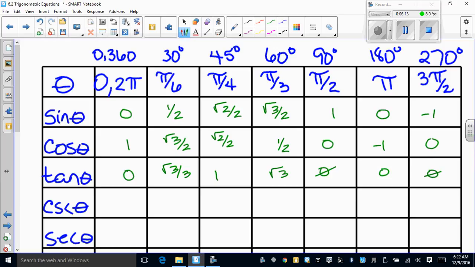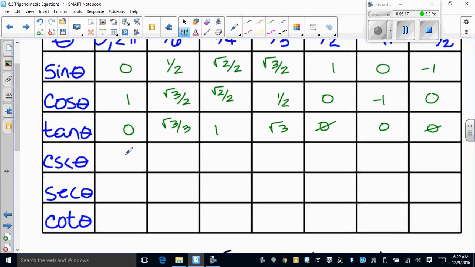And then cosecant is just a reciprocal of sine, so 0, 2, radical 2, 2, radical 3 over 3, reciprocal of 1 is still 1, undefined, reciprocal of negative 1 is still negative 1.